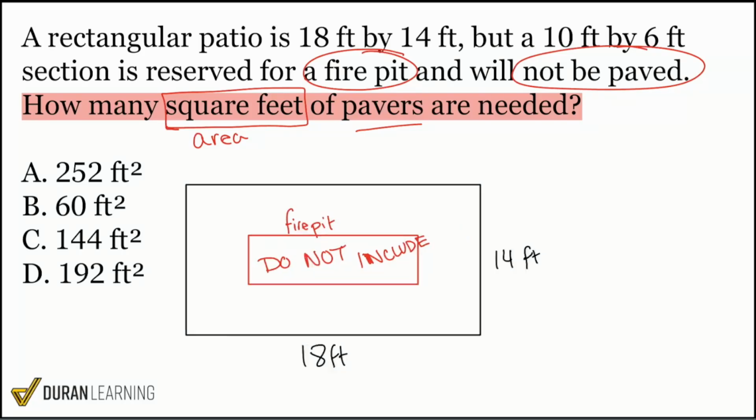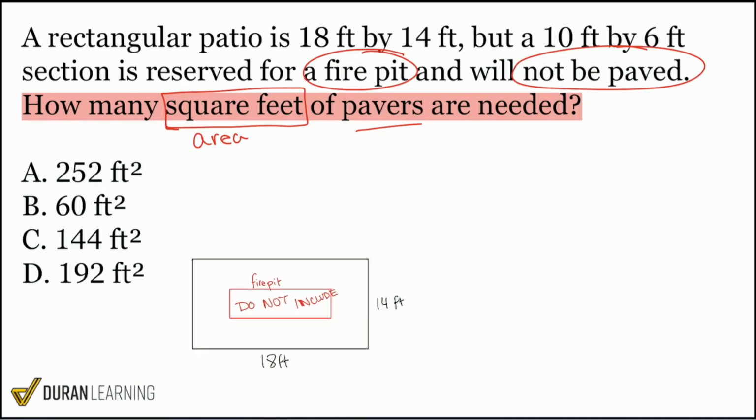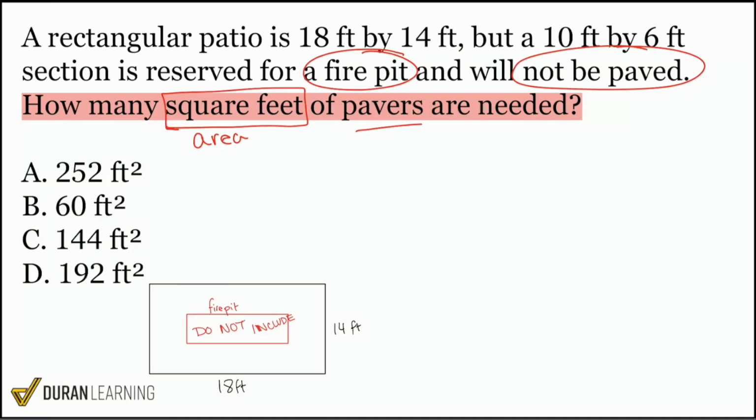I'm going to move everything over here ever so slightly, perhaps make things a little smaller. And now let's get to work. The area of the patio is going to be 18 times 14. We can try to do that in our heads: 180 plus, what is that, 72? So it's going to be 252.